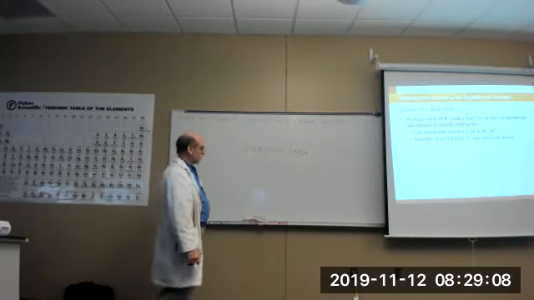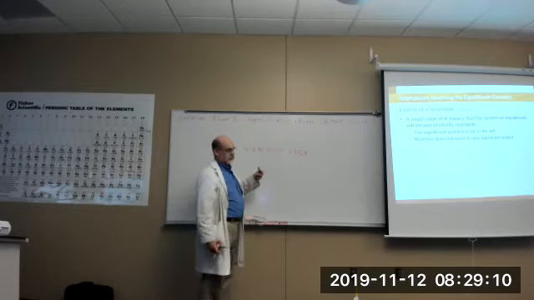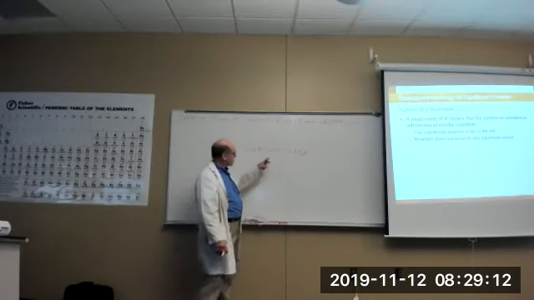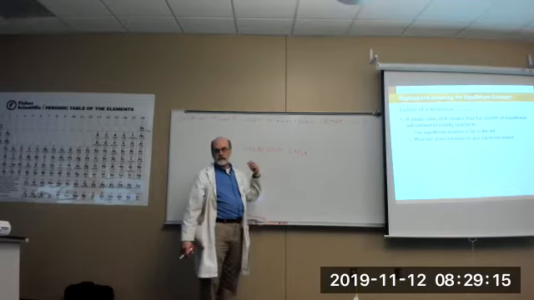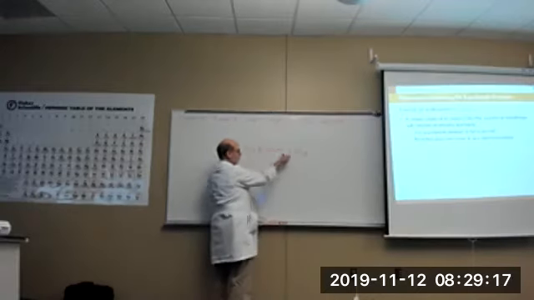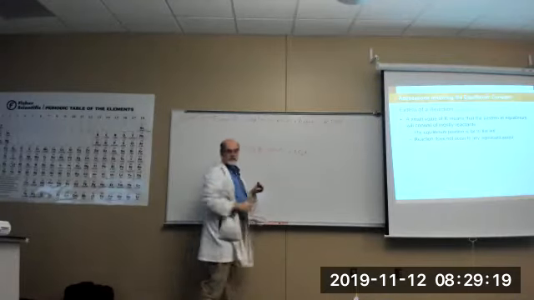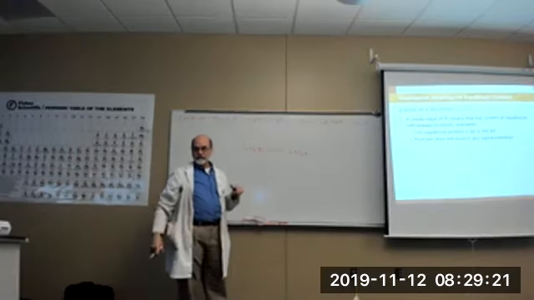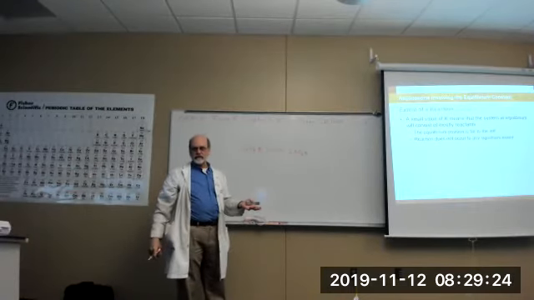Now, what would that say? Of course, I hope you realize that these reactions can be written in the reverse direction. You can just flip them around and put this on this side and that on that side, right? But then you wouldn't have the same K value, would you?